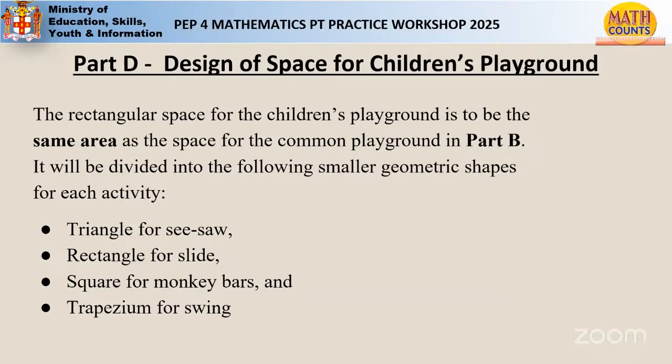So here is the next part. The rectangular space for the children's playground is to be the same area as the space of the common playground in part B. Question: what was the area of the space for the common playground again? Anybody can tell me? Who remembers what that is?